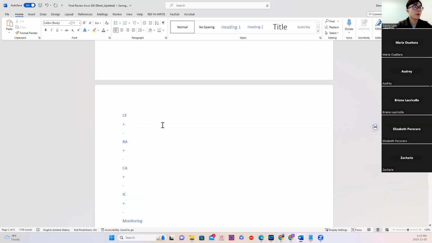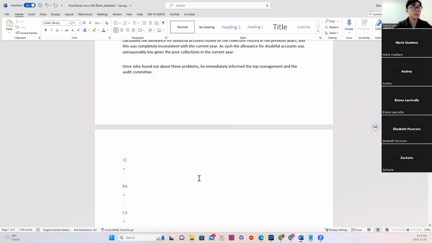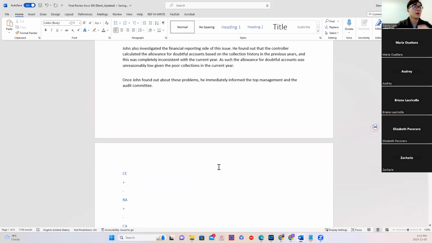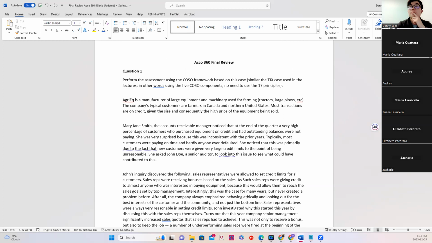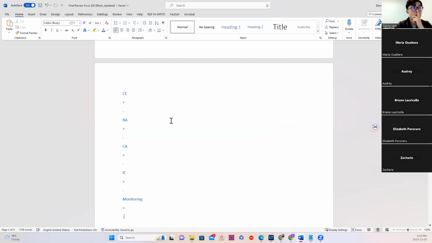Okay, so we'll start with control environment. As you're reading the text, what would you write for control environment? I want you to talk first about control environment. What does it talk about? Someone?